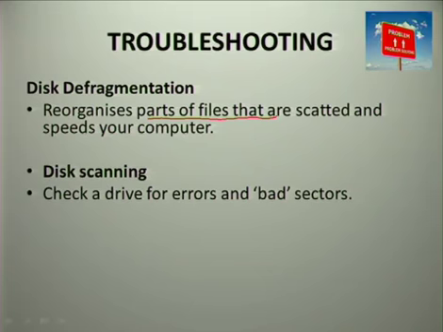After your files have been scattered because of saving, installing, deleting and uninstalling files, once your files were all over the hard drive, your disk defragmenter will bring them together close to one another, and then it allows faster access to that file. Then we have disk scanning. Disk scanning checks a drive for errors as well as bad sectors, for example, if you had some systems or applications that were not responding well.